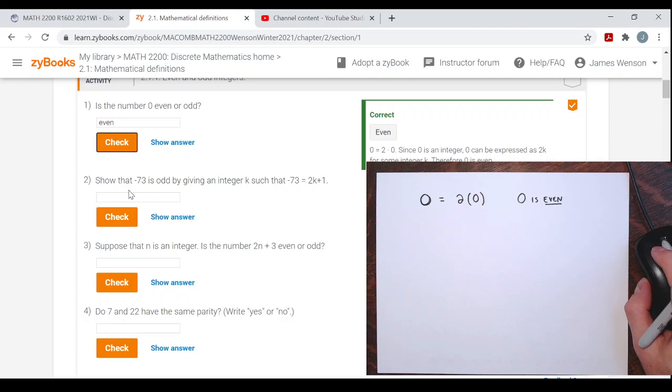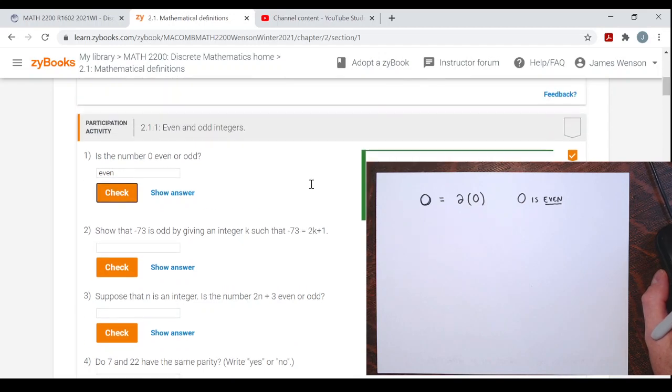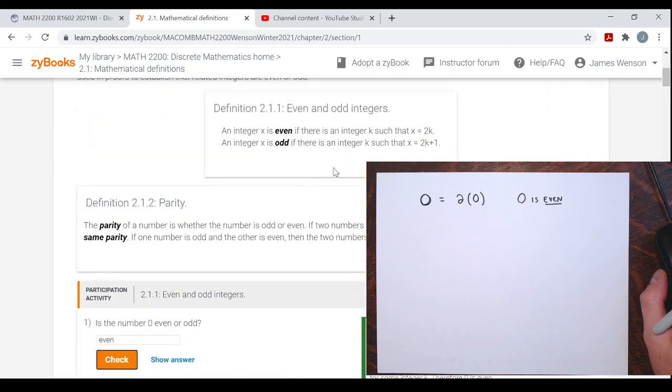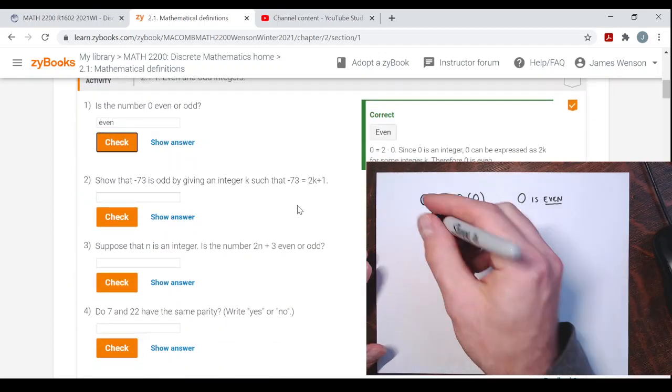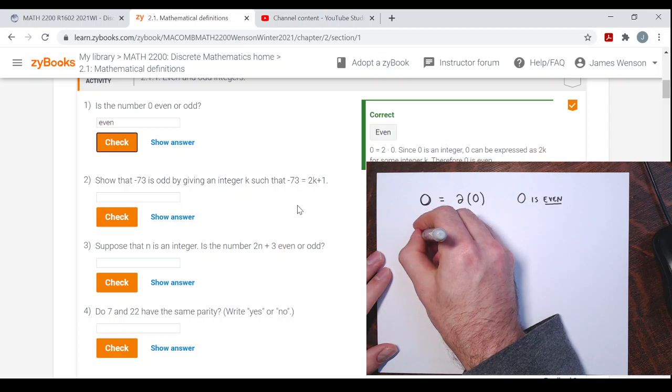So here, number 2. Show that negative 73 is odd by giving an integer k such that negative 73 equals 2k plus 1. Remember what it meant to be odd, right? It meant you could express it as 2 times some integer plus 1. So let's see, negative 73.